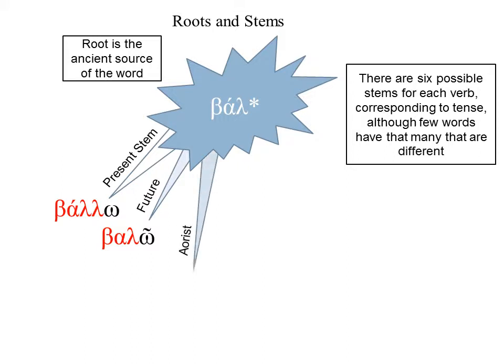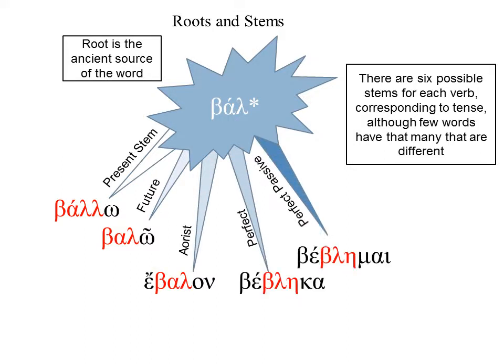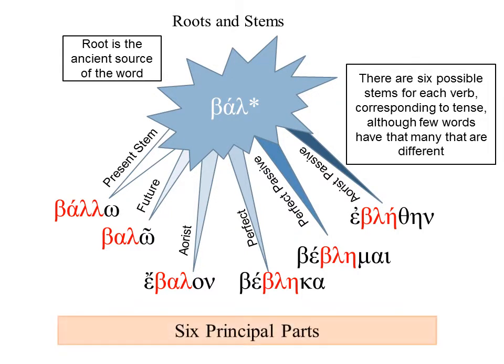And then there are 4 other stems, which we're going to be looking at a little bit later. And these comprise what is called the 6 principal parts. That is, when you learn a verb, there are only 6 parts that may have a different stem.